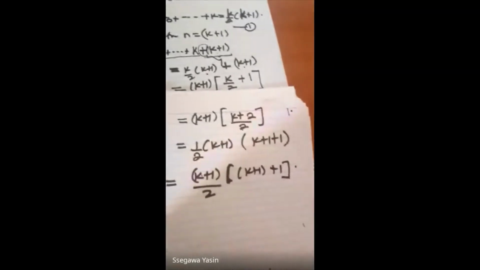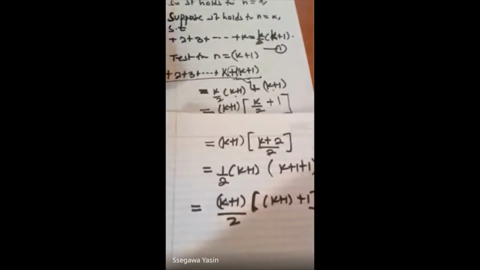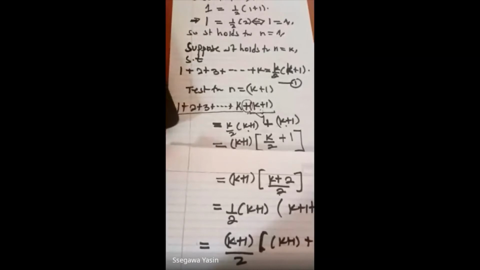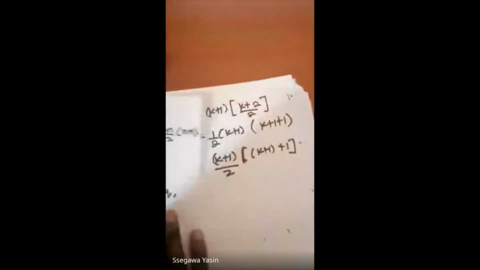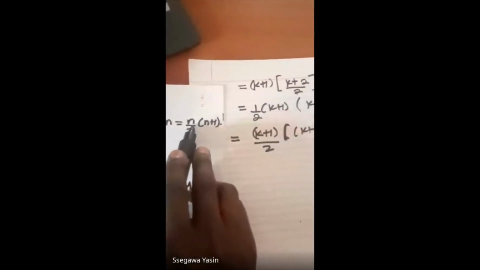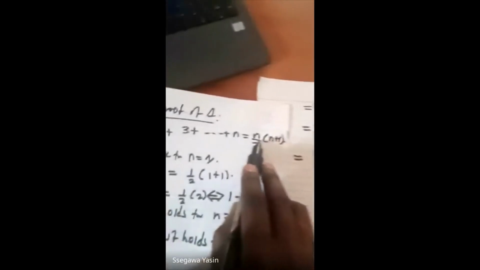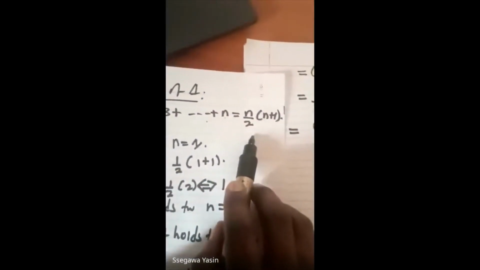Hope you can see that indirectly, can you see here, please? This is the expression we are looking for, or the formula we are trying to prove. Now, I've put k plus 1.